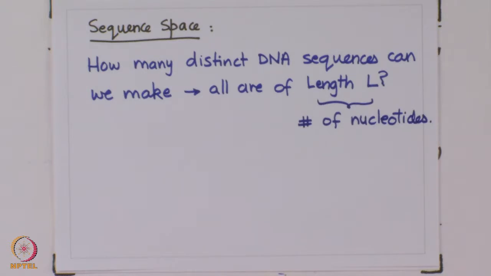What we are interested in is how many distinct sequences can we make, and these are linear pieces of DNA, and each is comprised of L nucleotides. I suggest that you pause the video for a minute or so, think about this problem and try to come up with an answer.